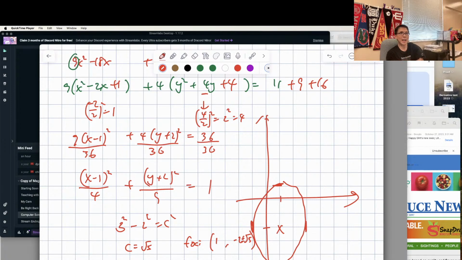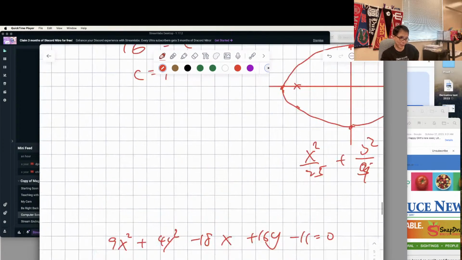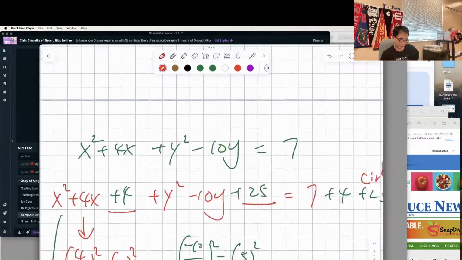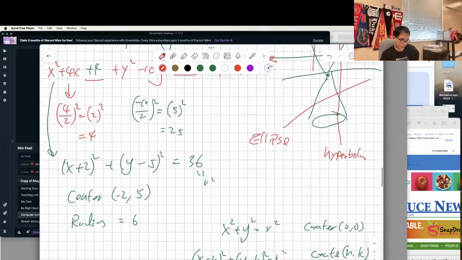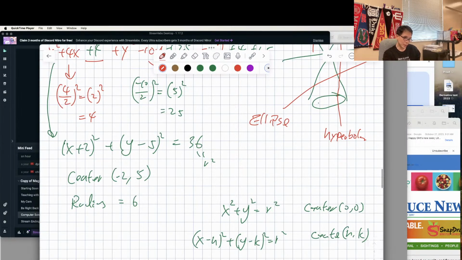Okay, imagine if you have a perfect situation, like you have a circle, right? If you have a circle, then it's equal to 36. You divide by 36 on both sides, and guess what? They just go 6 units to the right side, 6 units to the top. That's a perfect situation. There's something called eccentricity, which you learn in Calc 3, and they will actually tell you the relationship, the proportion of the focus and the things.